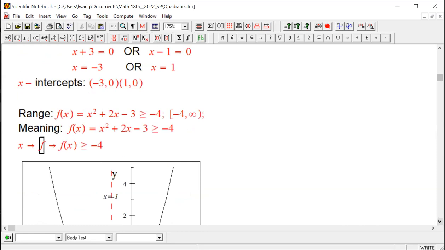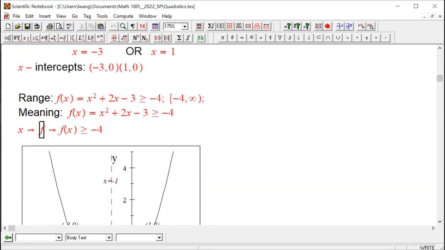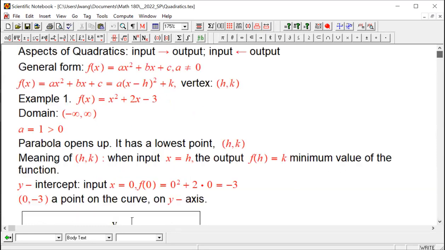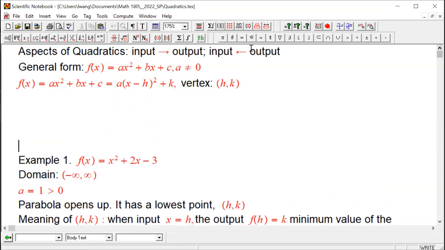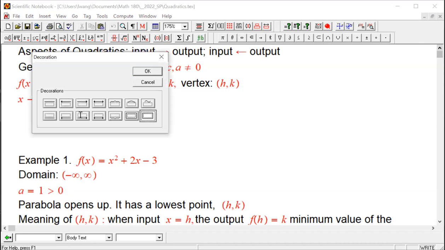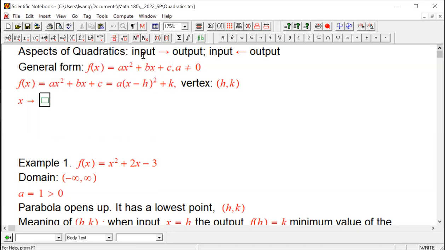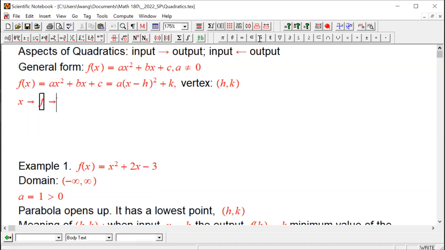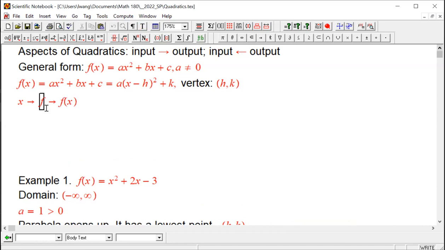So overall, if you reflect on the questions we have done, going back to before example number 1, most of the time, almost 99% of the time in algebra class, you are dealing with a rule. The rule can be, of course, a function.